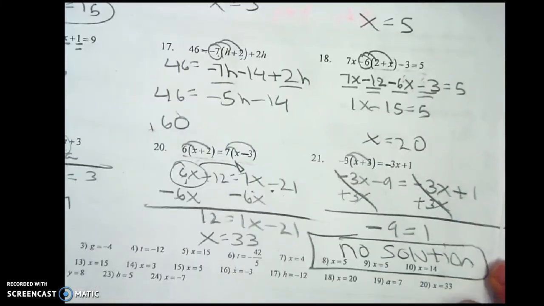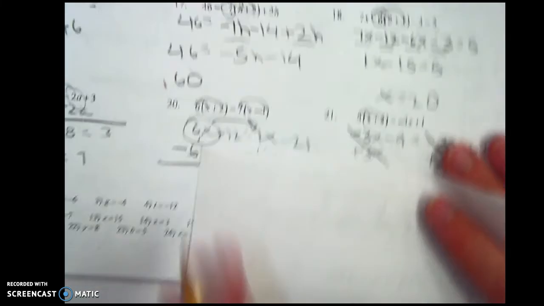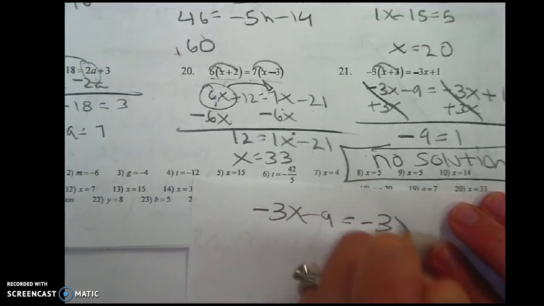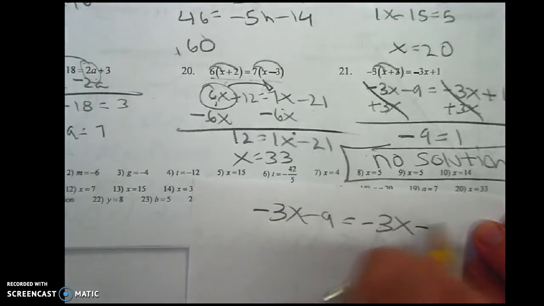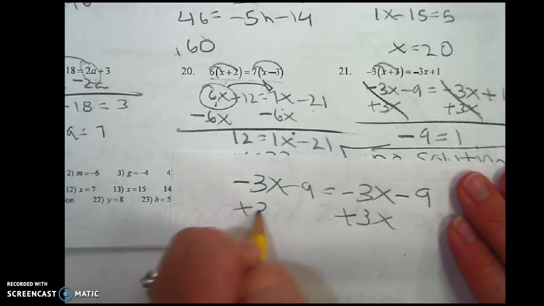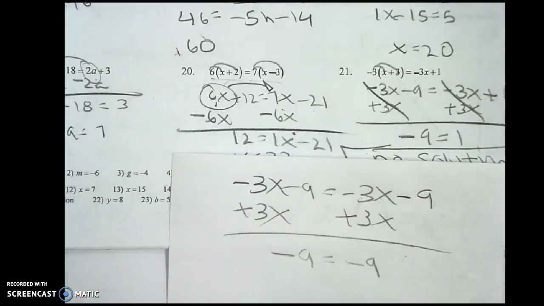Okay? But I would like to point something out. Let's say you got the same problem, and instead of saying negative 3x minus 9 equals negative 3x plus 1, it says negative 3x minus 9. So you would add 3x, and you get negative 9 equals negative 9. Well, the x is gone, so it feels like no solution.